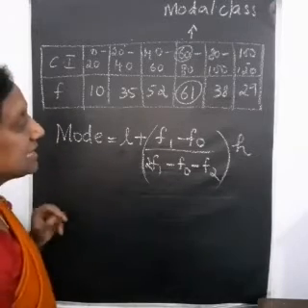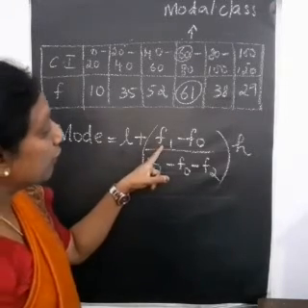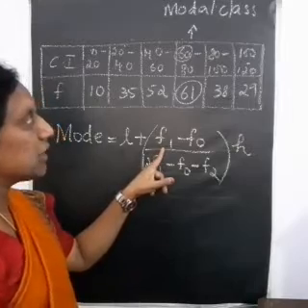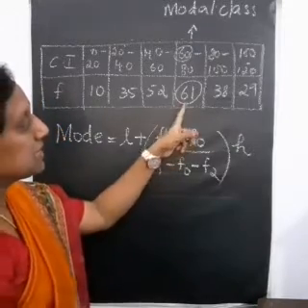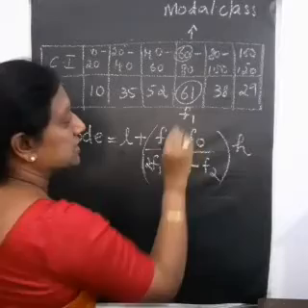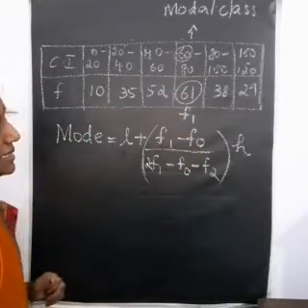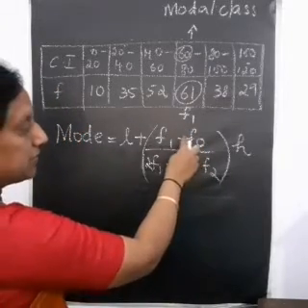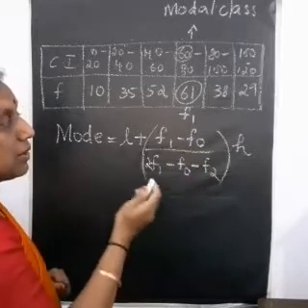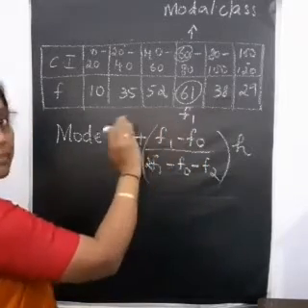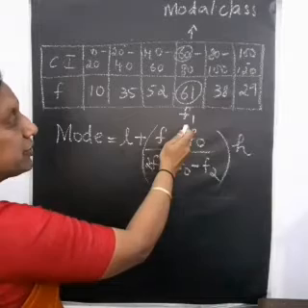The next thing we have to see is F1, the frequency of the modal class. That means 61 is the frequency of the modal class. F0 is the frequency of the class preceding the modal class, which is coming before the modal class.